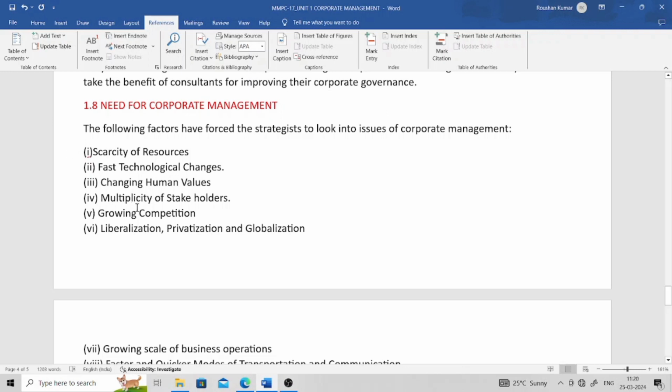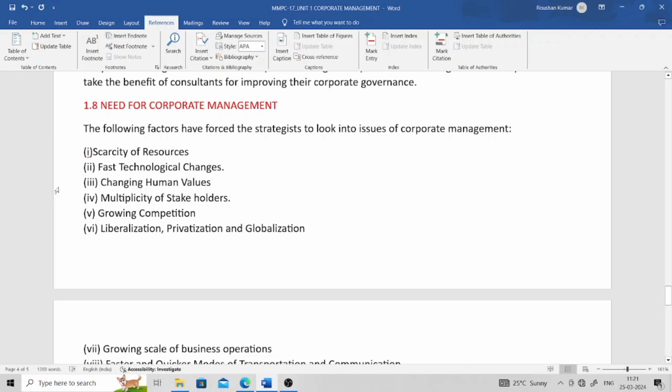If the management does not change the strategies, or the plans, in accordance with the fluctuations or variations in the environment, then it may affect the profitability of the company. Then you have changing human values. Around 50 years ago, what people valued has changed nowadays.